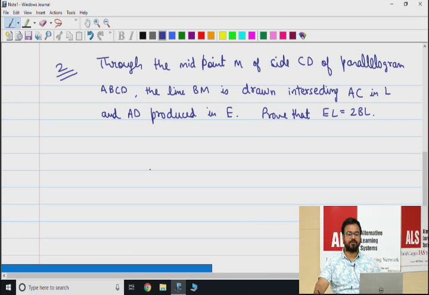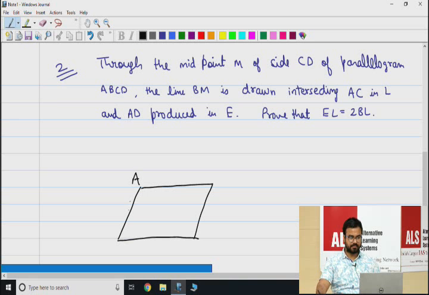I'm drawing the diagram for all you people, those who have not understood, since it is not the part of the question. Through the midpoint M of side CD of parallelogram ABCD. So you can draw a parallelogram, and you should remember the properties of the parallelogram while solving this. So this is the parallelogram ABCD.